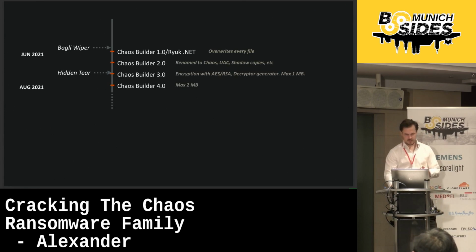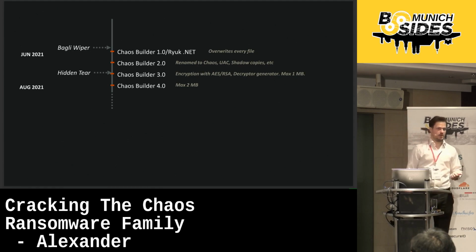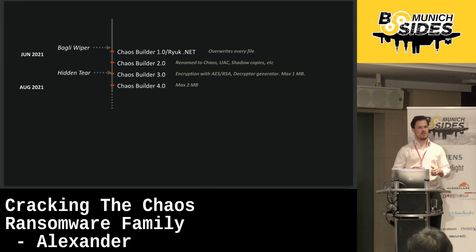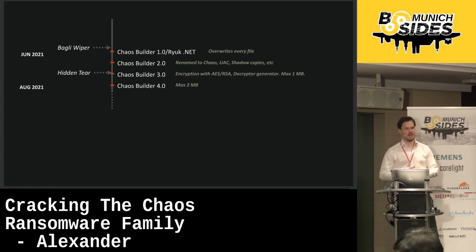But after that, they started developing this wiper, and in version 3, it actually implemented actual encryption, which turns it into a ransomware. The only problem is that every file larger than 2 megabytes, it still wipes. Which means you're not going to have that many files that you can get back.